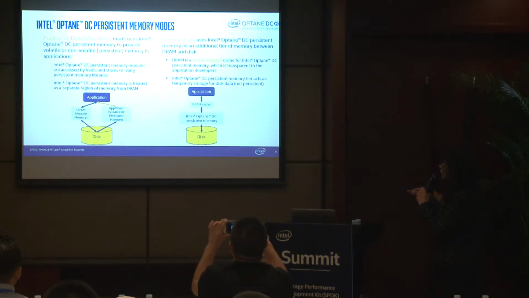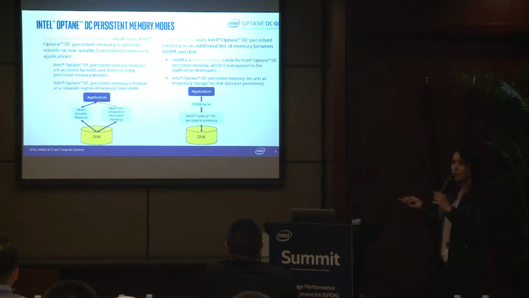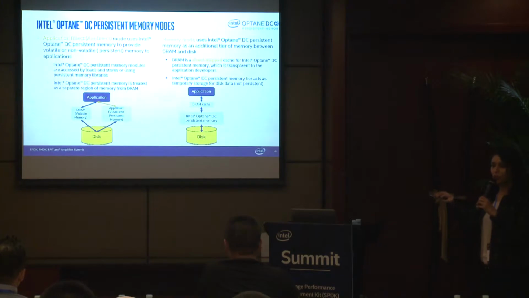And here, DRAM memory is a direct mapped cache for persistent memory, and it is transparent to application developers. So it's similar to what you've been doing, and it's very easy to port. When you have applications which are already running on server products and you just want to use persistent memory, this is the first thing that people do, because there's nothing you have to do in your code, you directly port it.